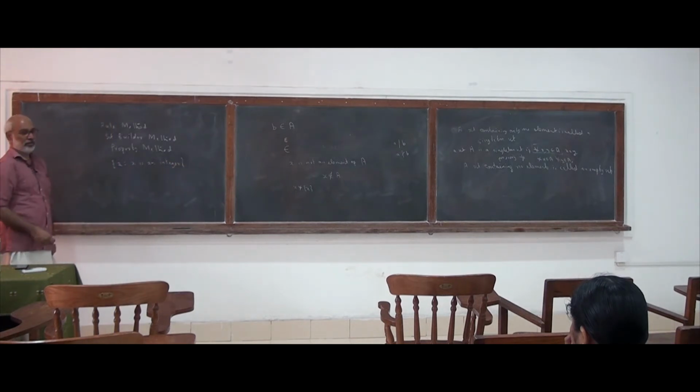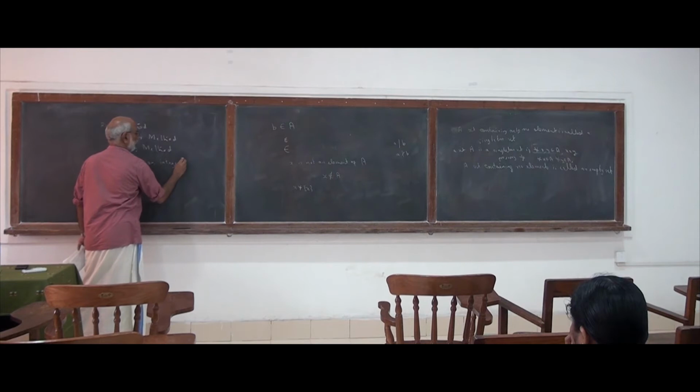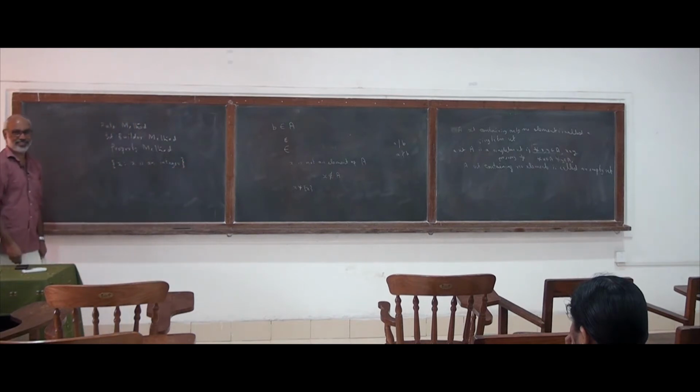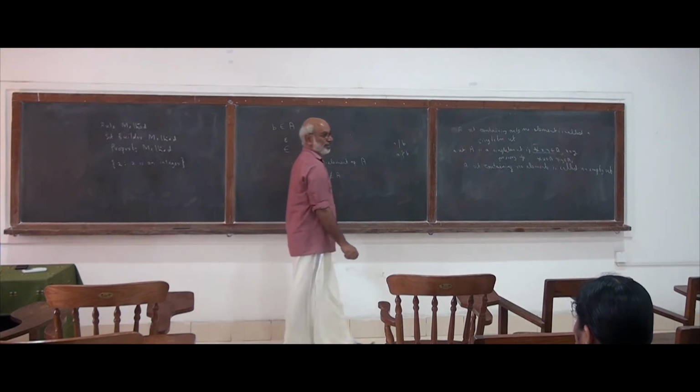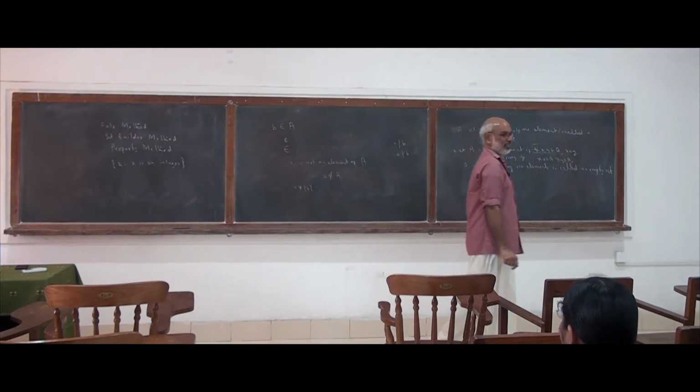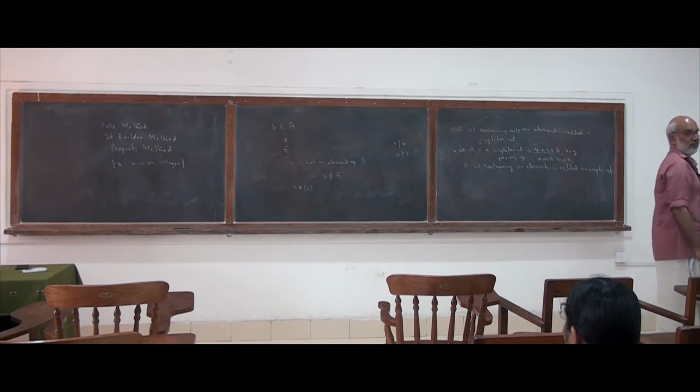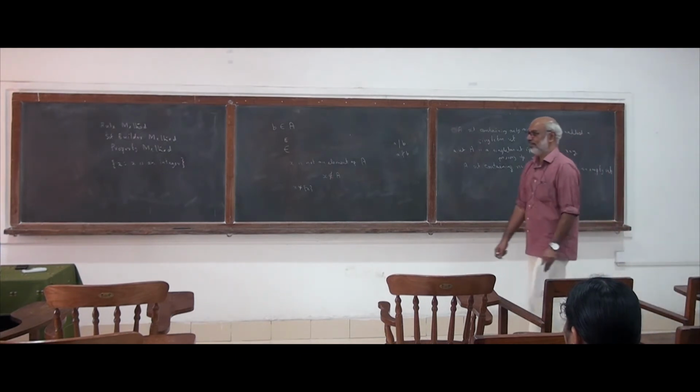Then the closing curly bracket is put. The set of all integers. An object is an element of this set if and only if it is an integer. That is what it is.